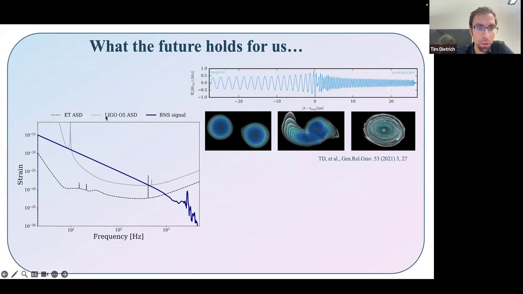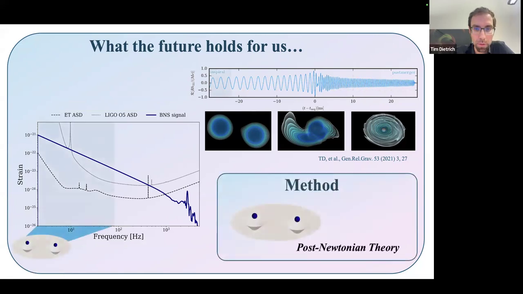You see here in the dotted case the LIGO sensitivity, where the strain is above the sensitivity curve for, let's say, in the future, 20 hertz or 10 hertz up to a few hundred hertz. For the Einstein Telescope, this is, of course, significantly longer, and these inspirals will not just take a minute, but can take up to several hours. And of course, running these kinds of simulations is then unfeasible. So we need other models, and this is now where waveform models come into play.